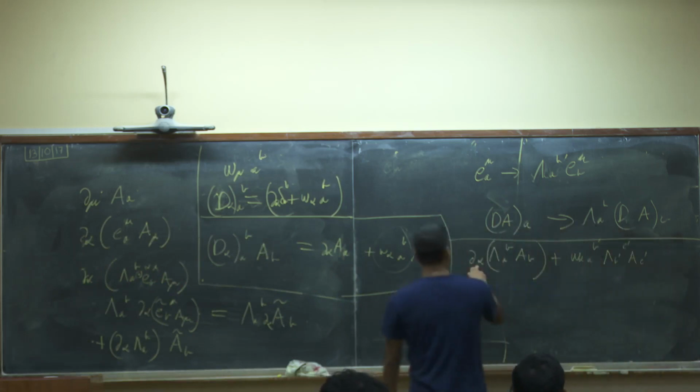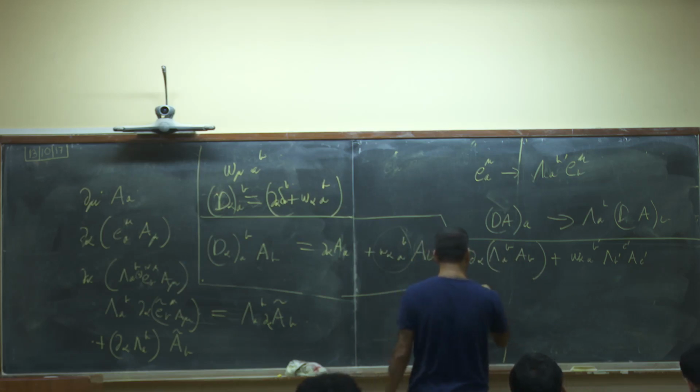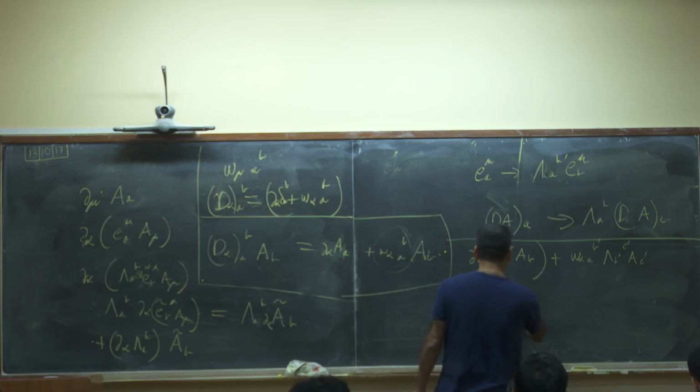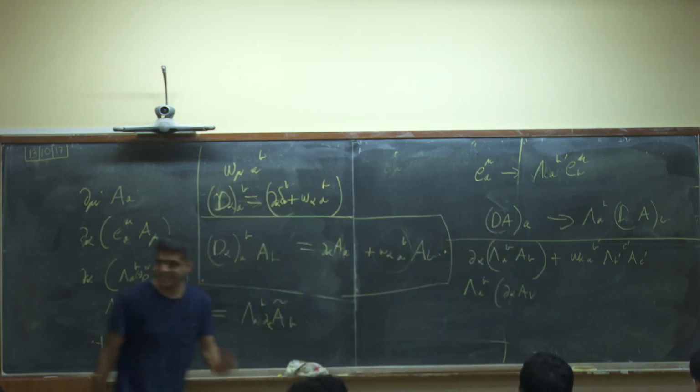Okay, so one term is what we want because we take the del alpha out here. So it's lambda A B times del alpha psi B. That's as we wanted.